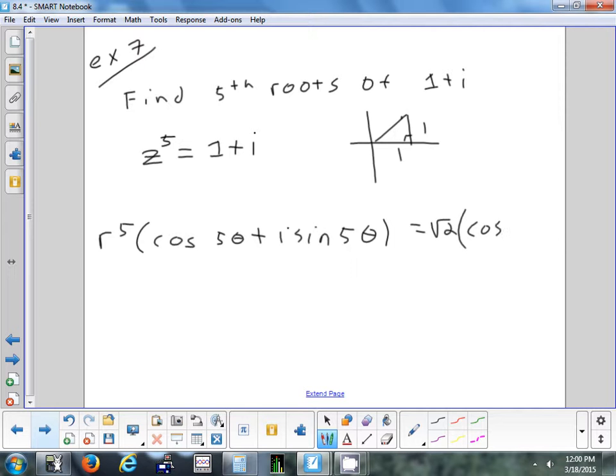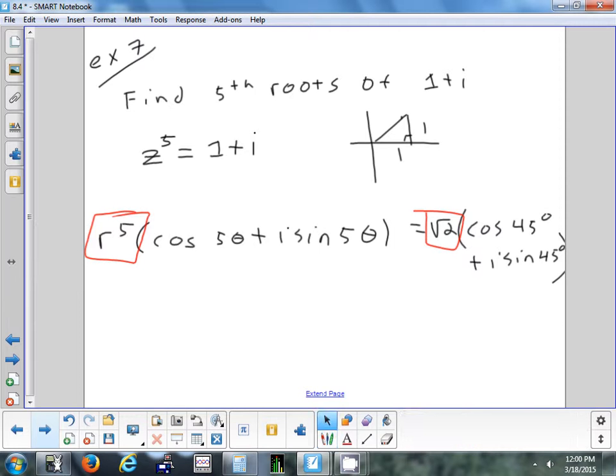Since this is an isosceles triangle in quadrant 1, the angle is 45 degrees. If I didn't know that, do inverse tangent of y over x. Okay, so that's the setup. Now we need r to the 5th to equal that. We need 5 theta to equal 45 degrees.